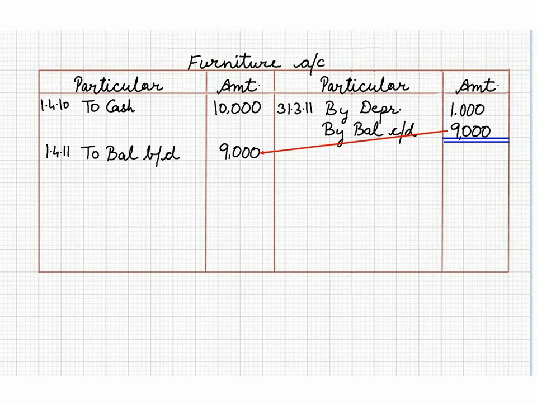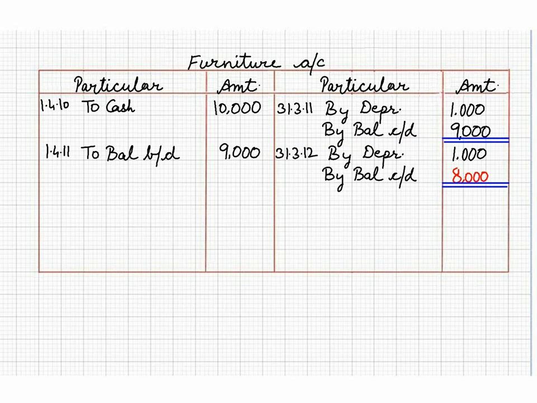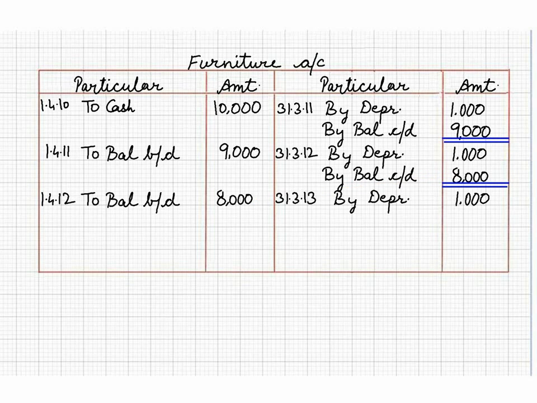To balance BD 9,000 and 31st March 2012 by depreciation rupees 1,000, by balance CD rupees 8,000, total 9,000. On debit side, 1st April 2012 to balance BD 8,000 and on credit side 31st March 2013 by depreciation rupees 1,000, by balance CD 7,000, total 8,000. In this way, the furniture account will go on till the closing balance of furniture is zero.